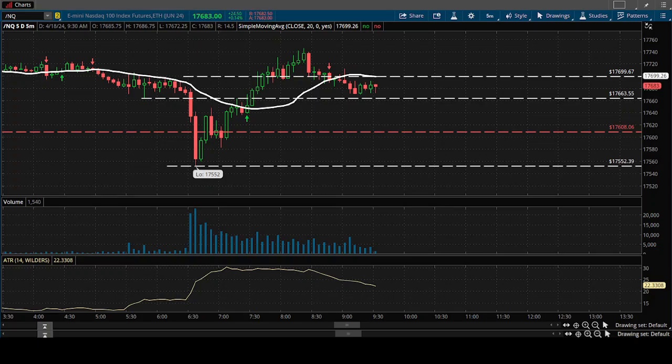One micro contract giving up 100 points is only a $200 loss. You're not going to lose a funded account, an evaluation, or blow up your personal account, and you're giving up 100 points on a particular setup to work out. Meaning, I'm going to allow this trade to go down 100 points before I go into the green. The odds of that happening are slim to none.